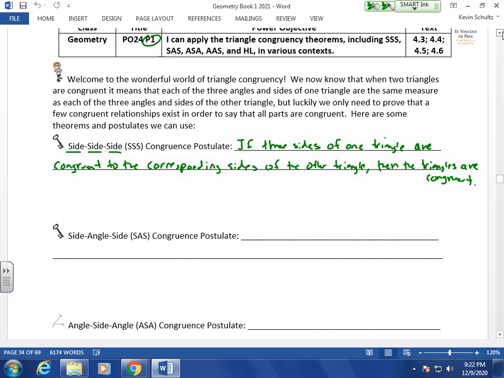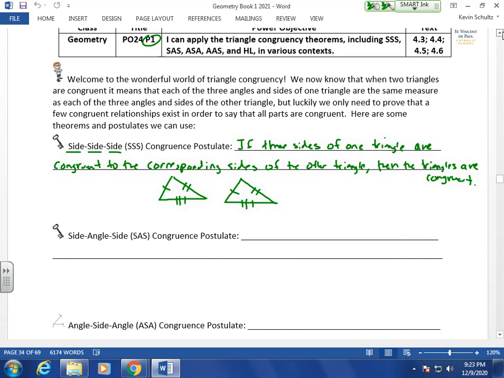What that looks like, we've got 2 triangles here. You would need to prove that the 3 pairs of corresponding sides are congruent. Okay? And you know those triangles are congruent because of the side side side congruence postulate.